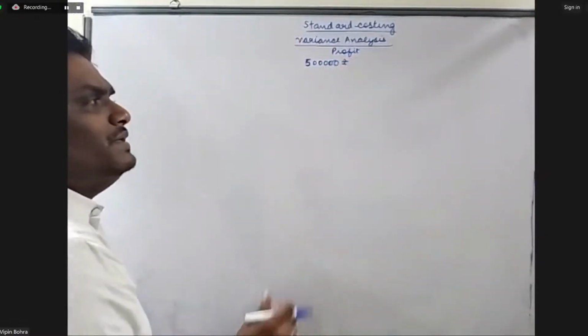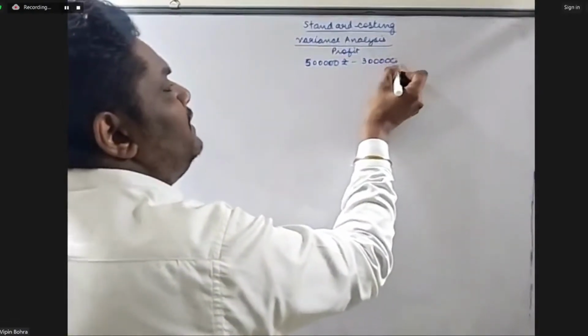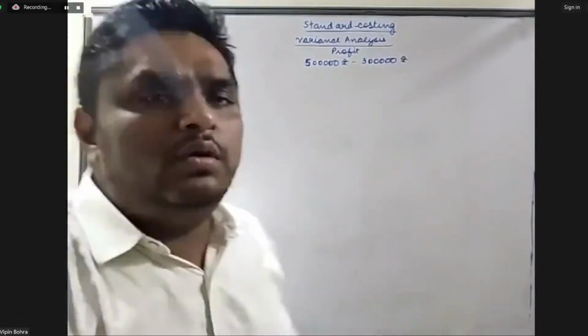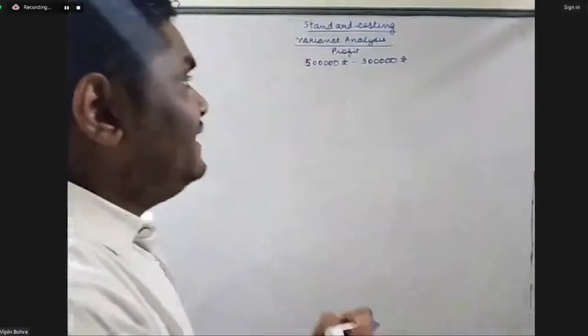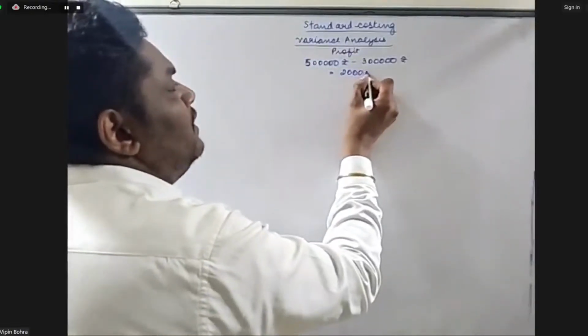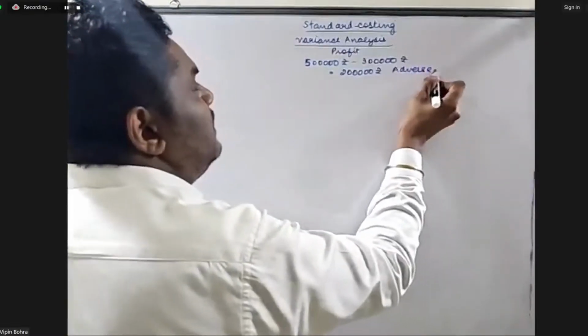However, when the actual results were out, my actual profit was only 3 lakh rupees. That is 2 lakh less than what I expected. So we can call it as adverse for the company.